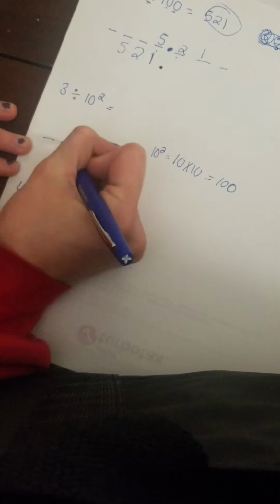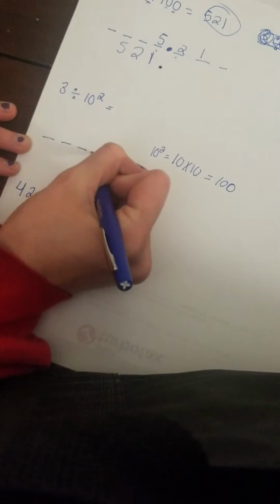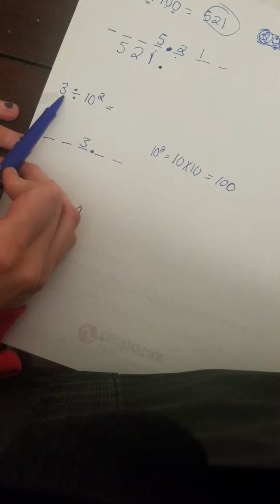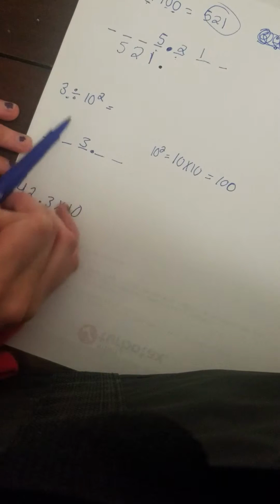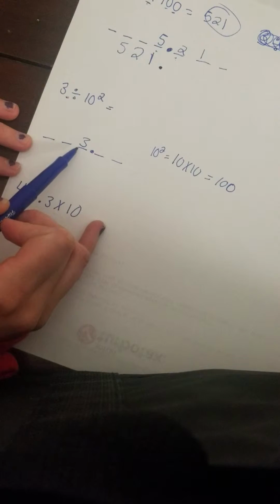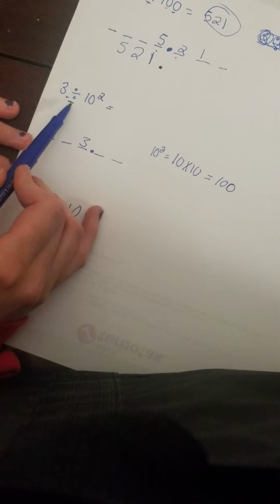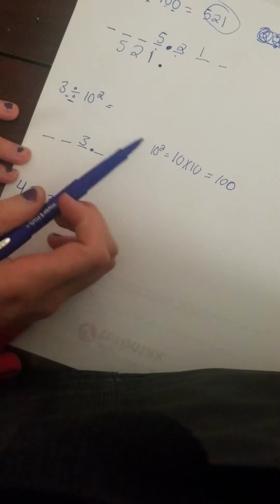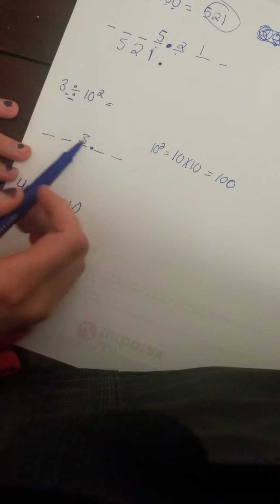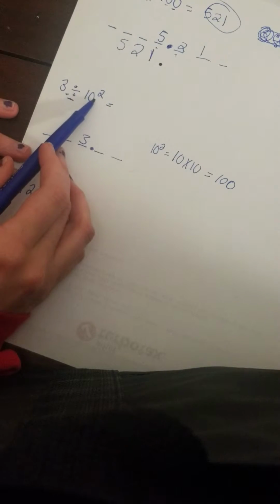And we're going to start with our original number. If there's no decimal in the number, then you know the decimal is really invisible behind it. So the number goes on the number line just like this. This time we're dividing, which means we're going to go the opposite direction because our number is going to get smaller. So we're going to move to the right this time. And again, we're moving it 2 times.